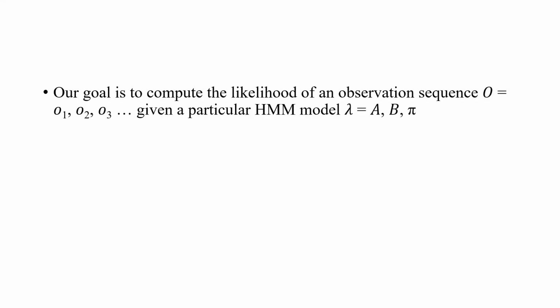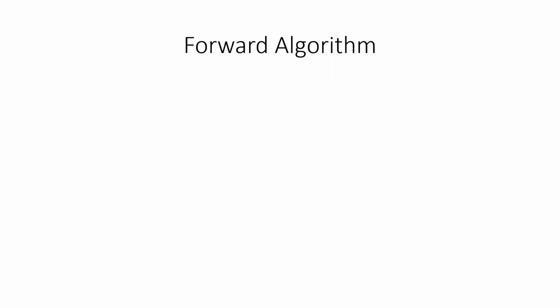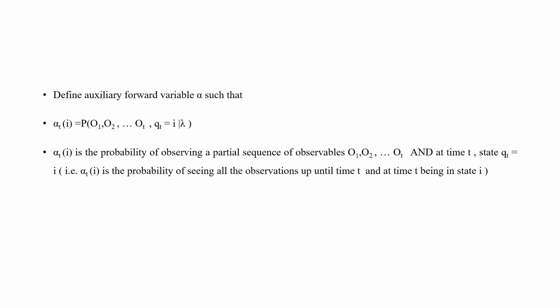Our goal is to compute the likelihood of an observation sequence O equal to O1, O2, O3, etc. up to OT given a particular model lambda. So let us use the forward algorithm.